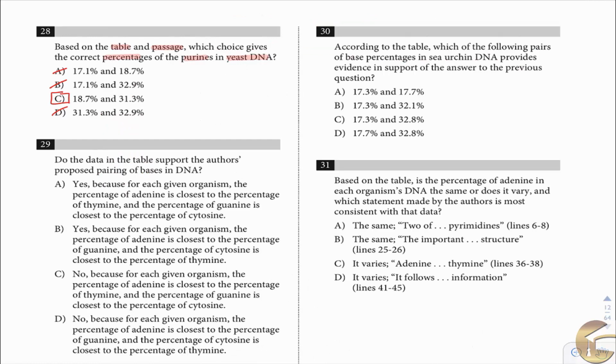All right, and now number 29 says, do the data in the table support the author's proposed pairing of bases in DNA? So we have to know what the author says about that so we can figure out if the data in the table supports it or not, and then we can go to the yes or no. So the key on this one is figuring out the author's proposed pairing of bases in DNA.